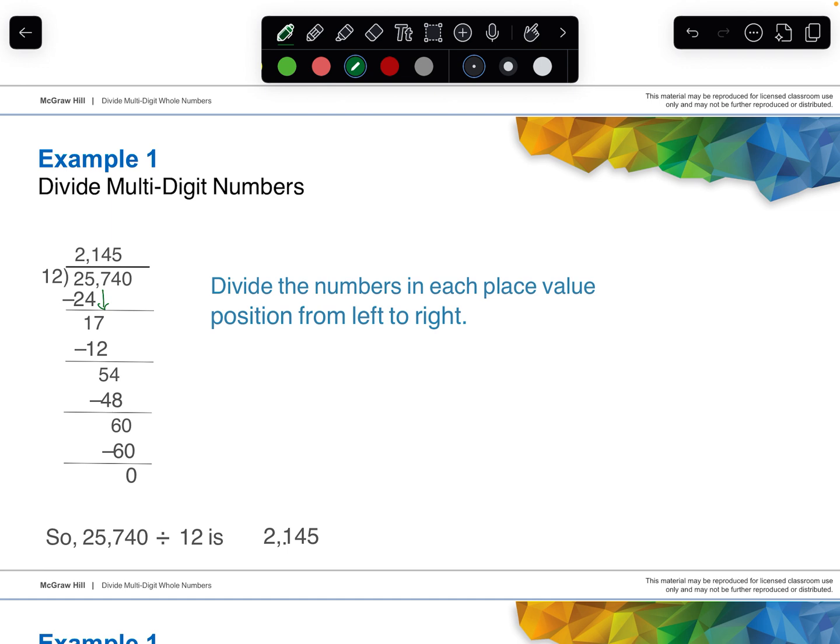Then 17 gets divided once by 12, which gives me a remainder of 5. And then I bring down my 4, and then my 0. Finally, I have a remainder of 0, and 25,740 when divided by 12 gives me a quotient of 2,145.